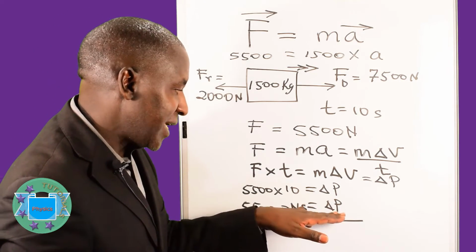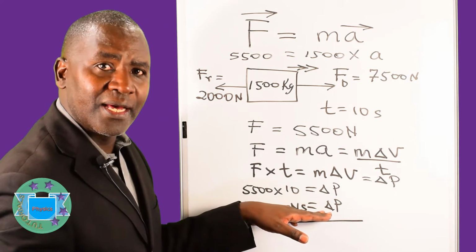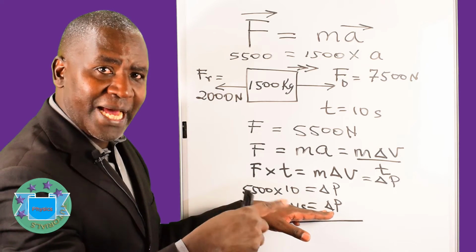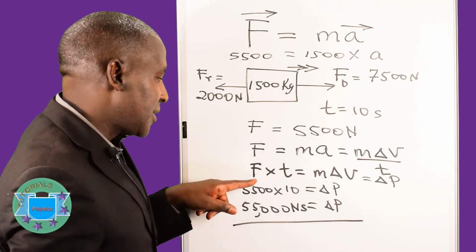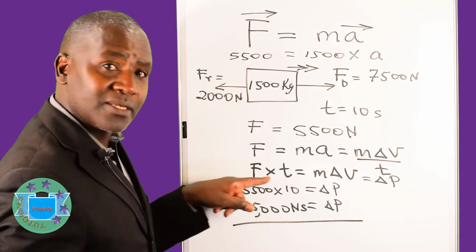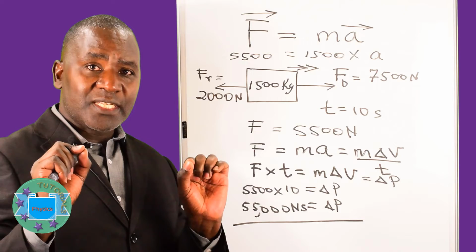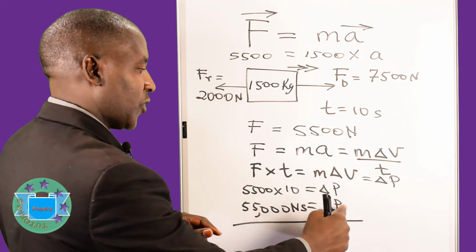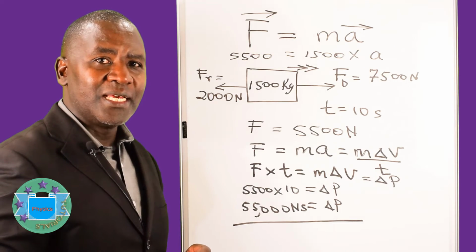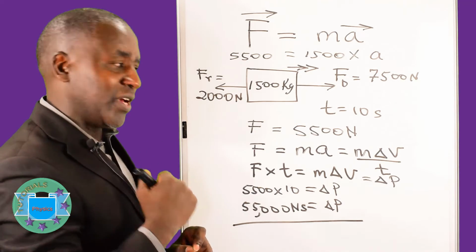On the right hand side, I have kilograms meter per second because it is change in momentum, and change in momentum has got the units kilograms meter per second. What do I have on the left? Newton seconds. Like that. So this is the time that you should be able to understand how the units for kilograms meter per second became equal to Newton seconds. Very important.